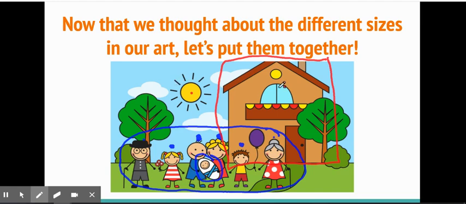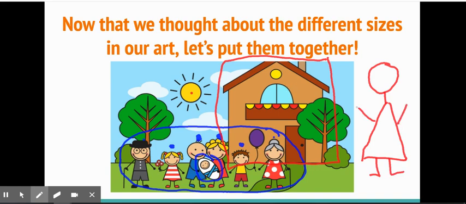So that's how the house becomes the biggest thing. Now remember, our house also has to hold all of these people inside it. So if our house is the same size as the little sister in the drawing, then that wouldn't work out, would it? I don't think so either.